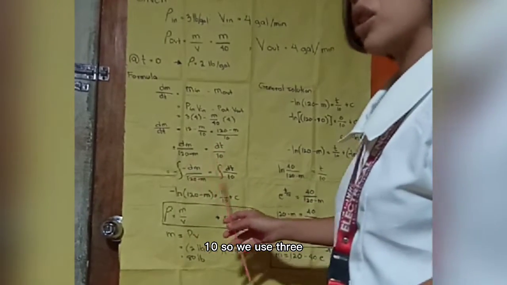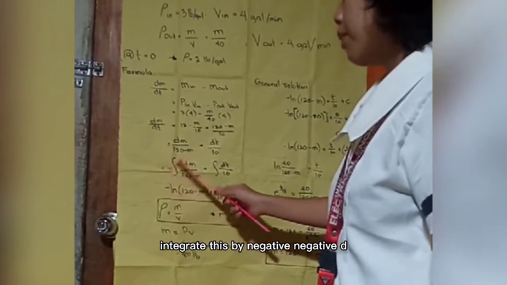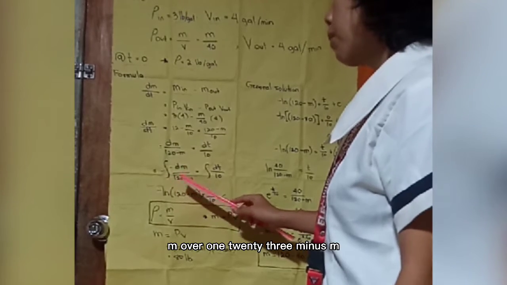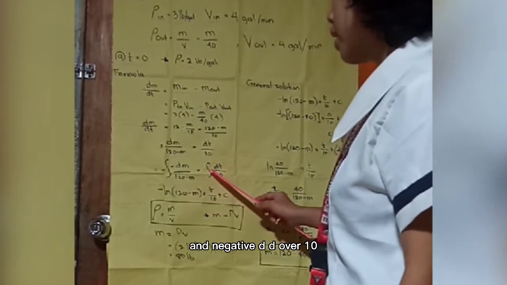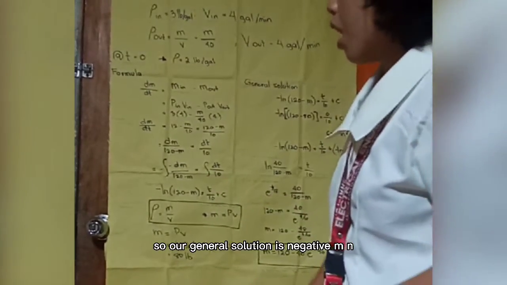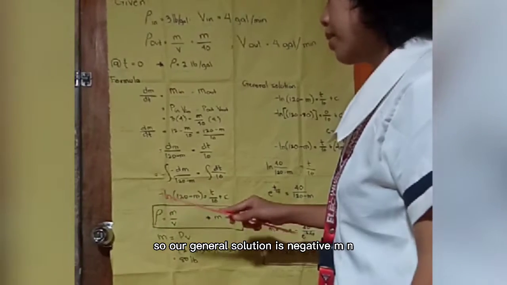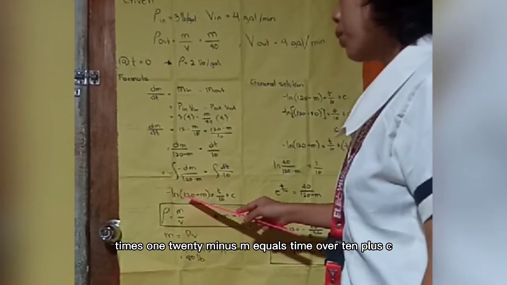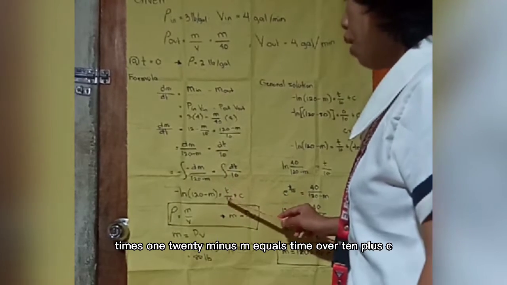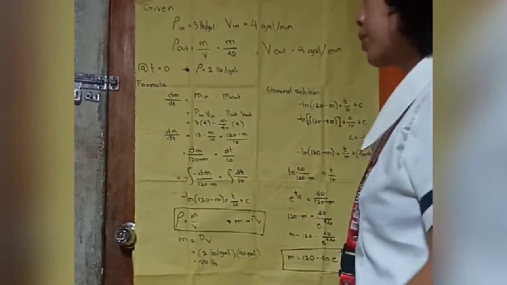So we integrate this: negative dm over 120 minus m, and dt over 10. So our general solution is negative ln of 120 minus m equals t over 10 plus c.